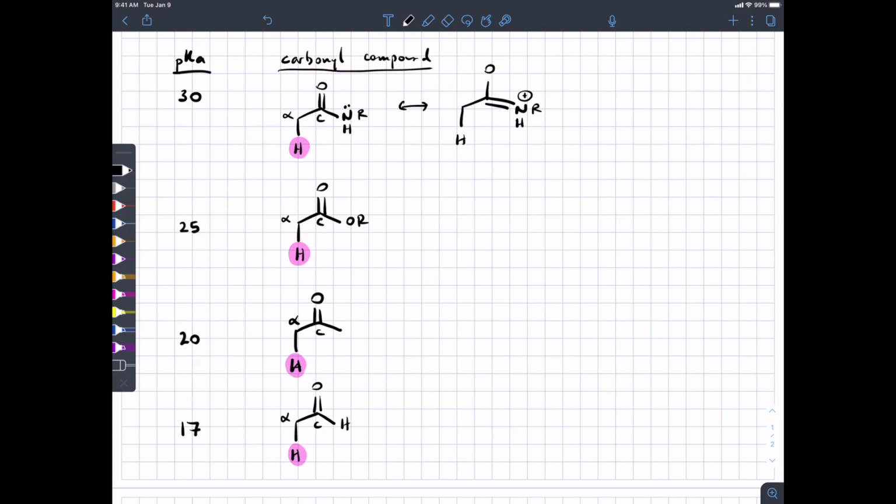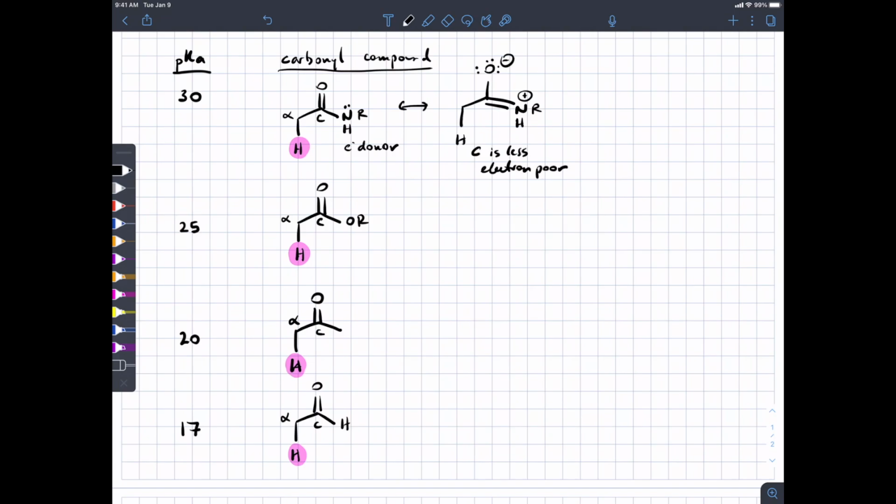That would put a positive formal charge on the nitrogen and a negative formal charge on the oxygen. So the nitrogen is acting as an electron donor, and if the nitrogen donates electron density via this resonance structure, the carbonyl carbon is less electron poor.